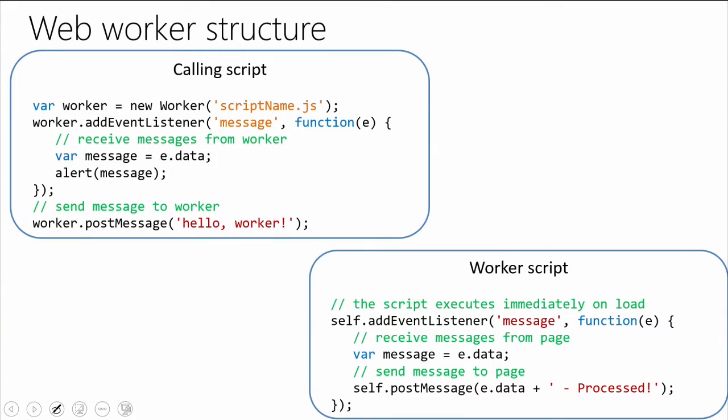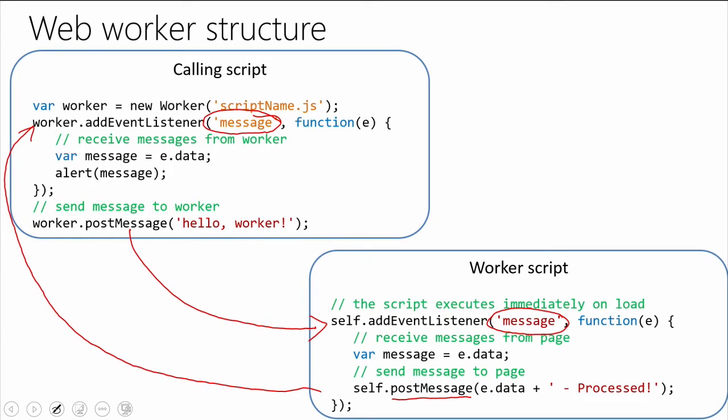The answer is the message event, which you can see right here. So the message event tells me that we got a message in. When we call postMessage, it's going to go here. And when we call postMessage the other way, it's going to come back over to there and then execute the code from there.